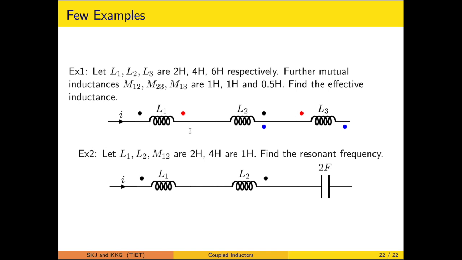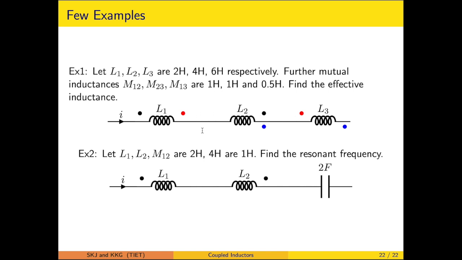So you will first add the self-inductance terms L1 plus L2 plus L3. Then analyze the coupling. Let's say 1 and 2. Here the current is entering, current is leaving. So that will result in minus 2 M12.